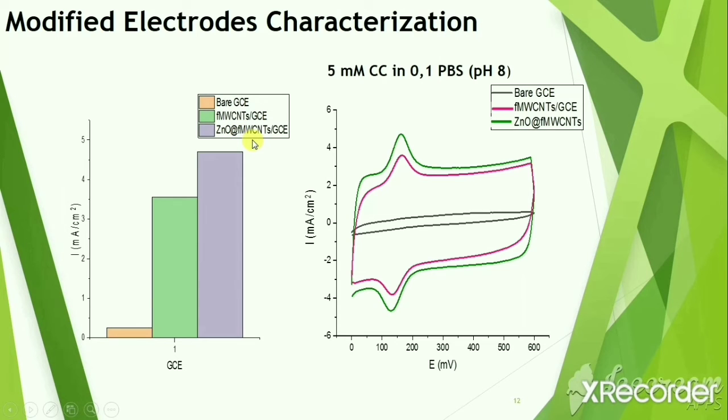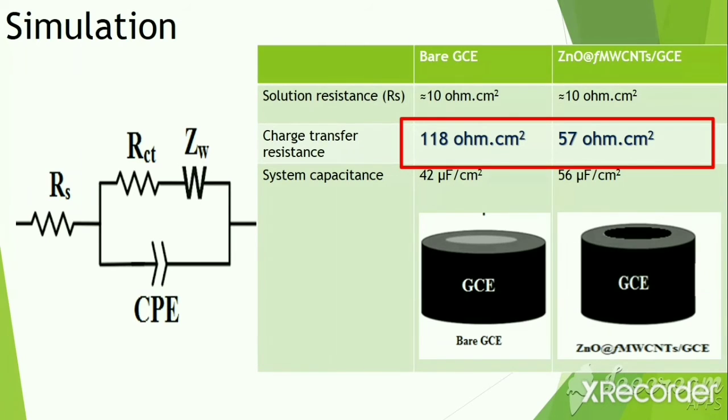To simulate the system, we can find charge transfer resistance and capacitance on the surface of the electrode, and of course we're also going to find solution resistance, as the surface of the electrode is in contact with the solution.